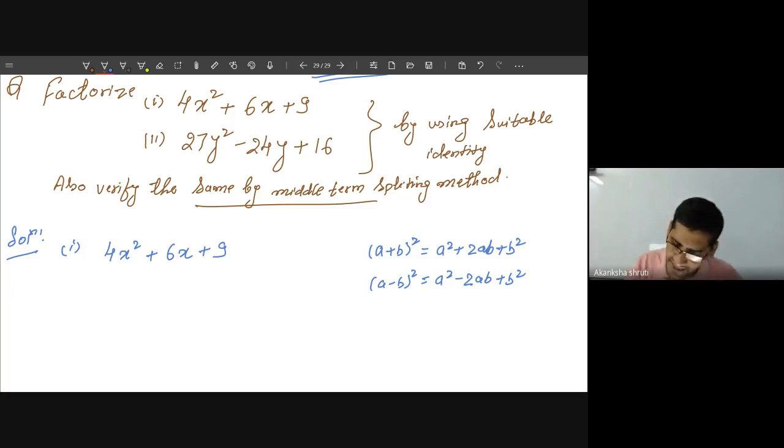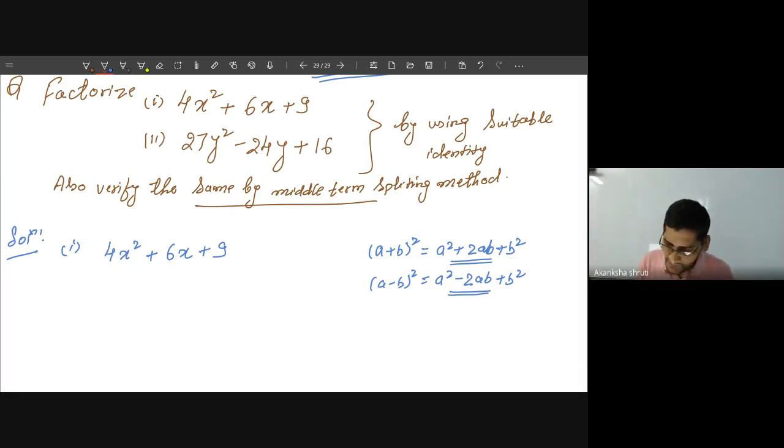The difference is that the sign of the 2ab term is different in these two cases. Wherever the 2ab term is positive, we can apply the a plus b identity. Wherever the middle term, the 2ab term, is negative, we have to apply the a minus b identity.